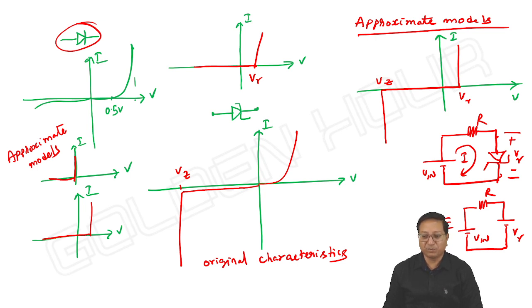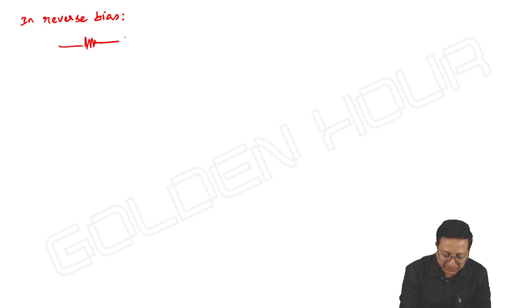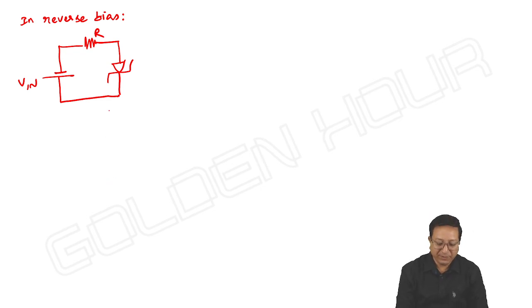Whereas in reverse bias, the circuit is something like this. I'm not changing the direction of the Zener diode. Reverse bias is possible with a change of polarities of the input supply. Then what happens?